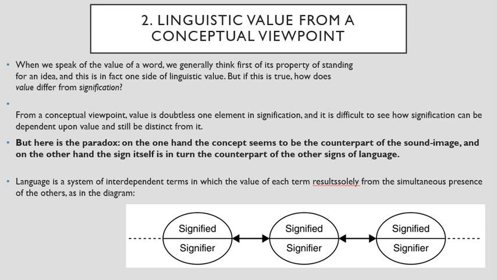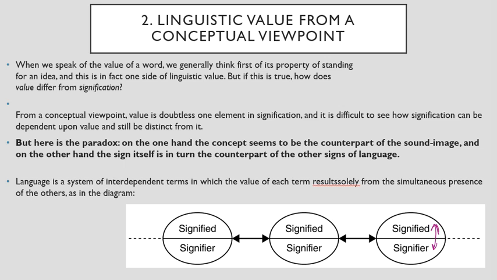Saussure says that value is doubtless one element in signification, and it's difficult to see how signification can be dependent upon value and still be distinct from it, but he makes a point out of it. Here's the paradox. On the one hand, the concept seems to be the counterpart of the sound image. So, look at this here, the vertical arrow that I just painted.